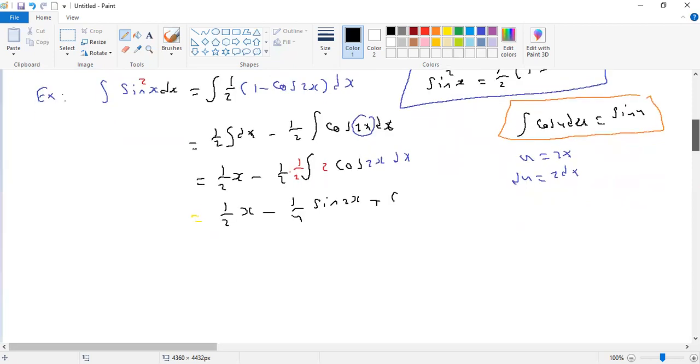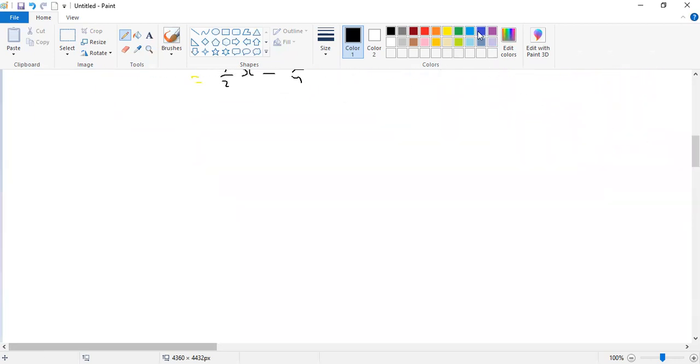And it would be the same if I have, for example, the integral of sine squared of 3x dx. Again, I'm using the formula. What does the formula say? Sine square x is half of 1 minus cosine 2x.